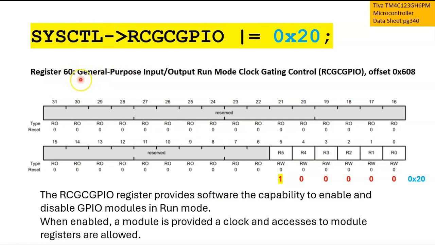Now this is the general purpose input-output run mode clock gating control, that is the RCGCGPIO.